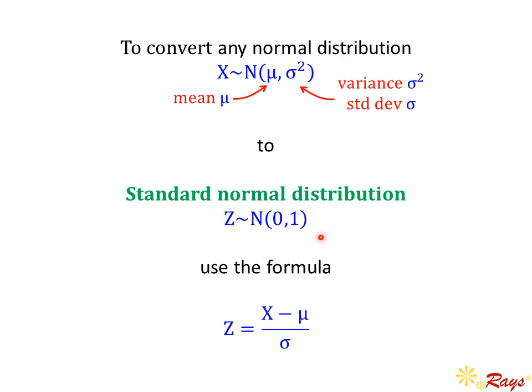So this is the expression for standard normal distribution. Observe that mean must always be 0 and variance must always be 1. So the formula to convert the normal distribution into standard normal distribution is Z equals X minus mu over standard deviation.